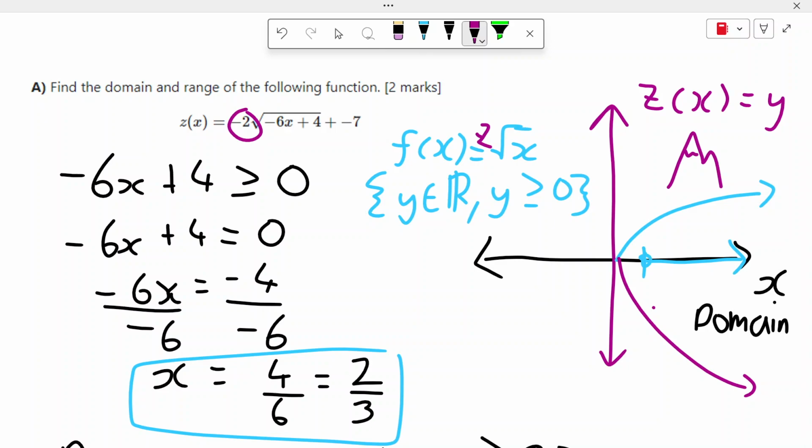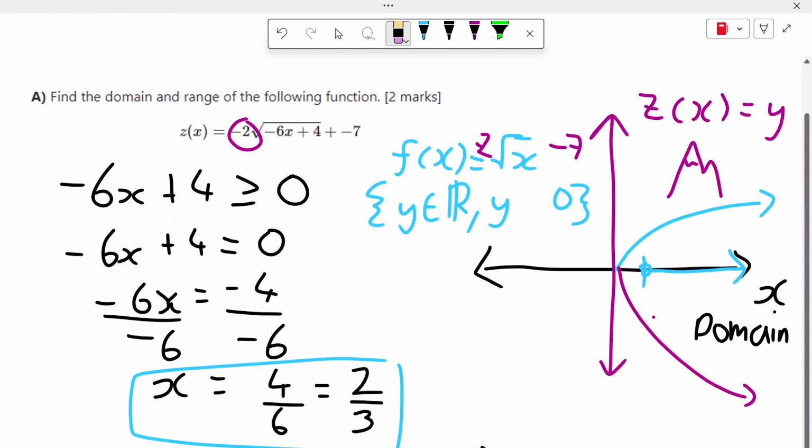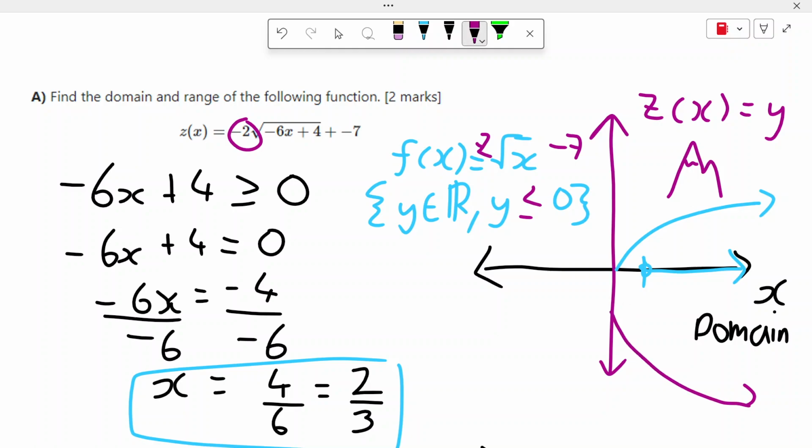Another thing is that we're subtracting 7 from it. Okay, so now if we keep modifying this, when we do the minus 7, well, it gets dropped down, doesn't it? It gets dropped down by 7, and it does something like this. So now it has to be less than or equal to minus 7.